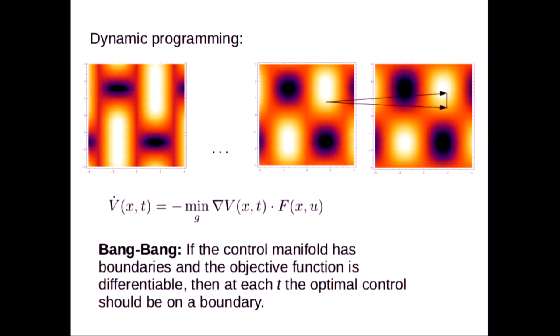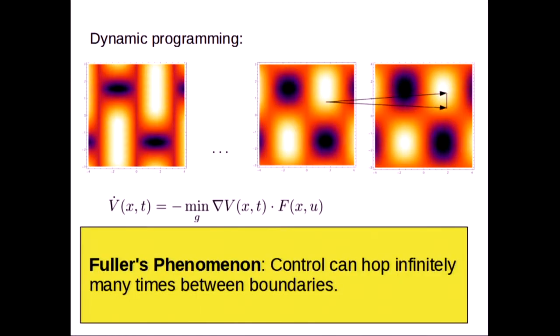As I said, if the control manifold has boundaries and the objective function is differentiable, then at each particular time the optimal control should be on the boundary. As you can see by looking at pictures like this, it really does make sense. There is, however, something pathological that can happen, called Fuller's phenomenon.